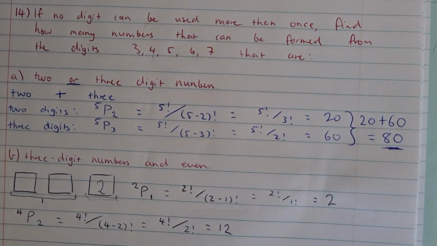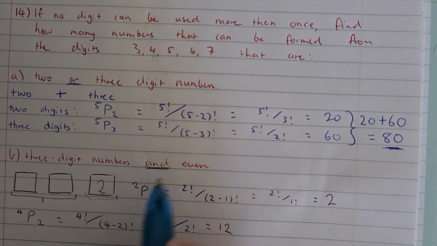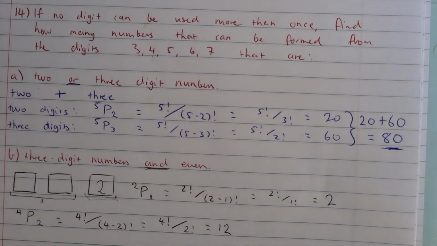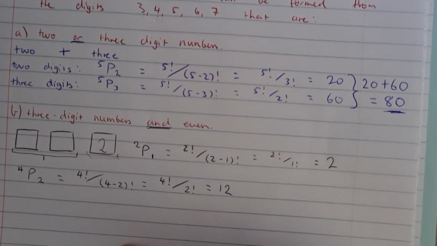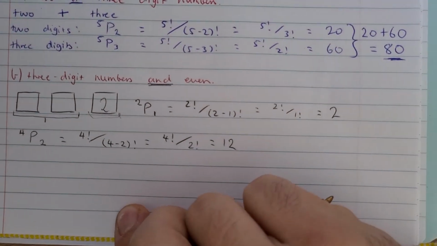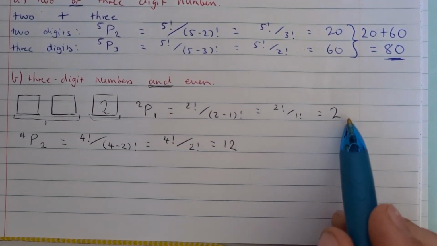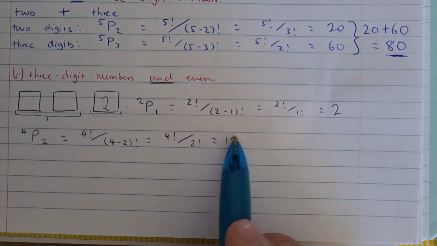Now another key word in this question is and. So remember back to our 10A and 10B PowerPoint, often when you see the word and is when you're going to use the multiplication rule. And we're going to do the same thing here. So we found the number of permutations when we're choosing an even number is 2, and the number of permutations for the first 2 digits is 12.